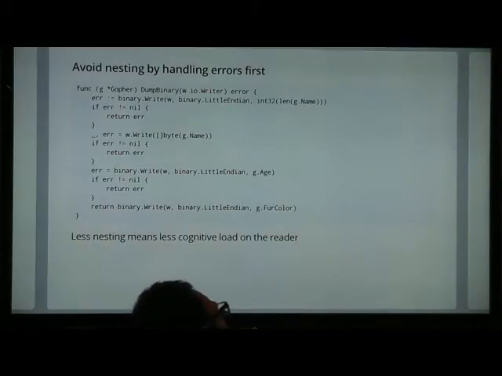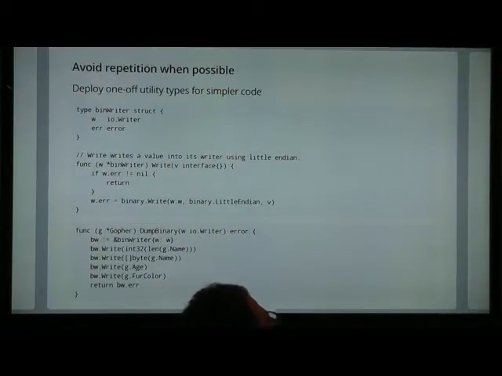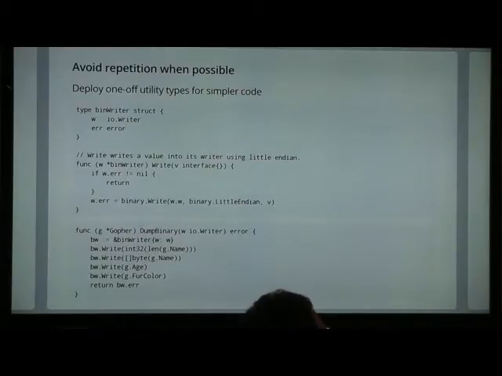We can do better than that by deploying a one-off type. I call it binWriter. Probably not the best name ever, but it's a writer that writes into binary, so why not? It has two fields. One is the writer we actually want to write into, and the second one is an error.